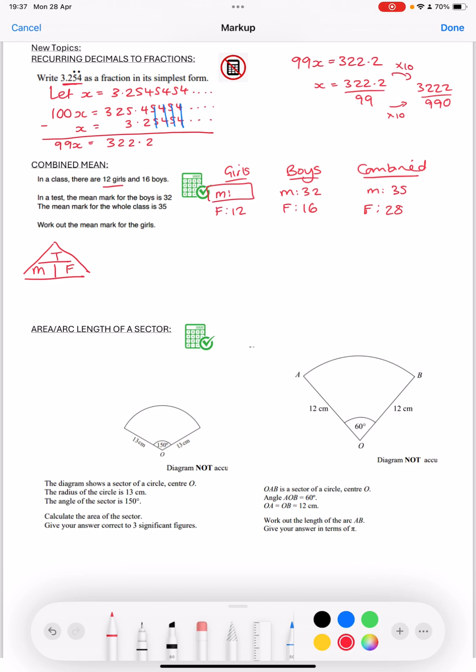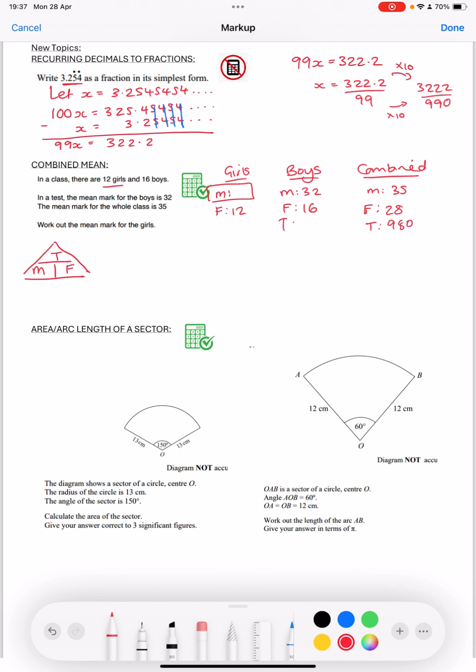Then we can find their total scores. Looking at the formula triangle, if I cover the T, it tells me that I need to multiply M and F together. So on the combined one, I'm going to do 35 times 28, which is 980.